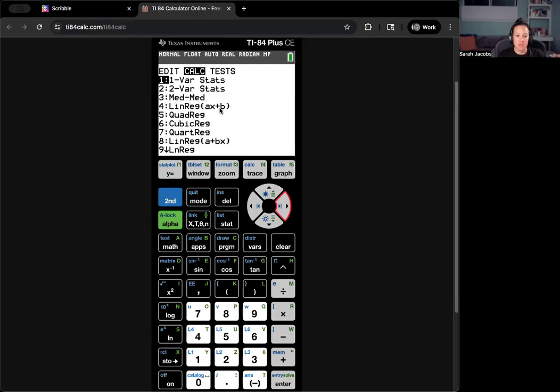Technically speaking, these will give you the same things. They're both correct, but the way you're going to see it on my tests and from the College Board is this version of a plus bx. So y-intercept plus slope times x. So we're going to select option 8. And you could also just press the button 8.